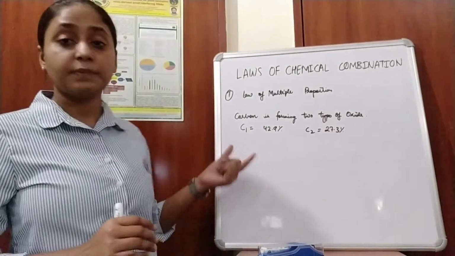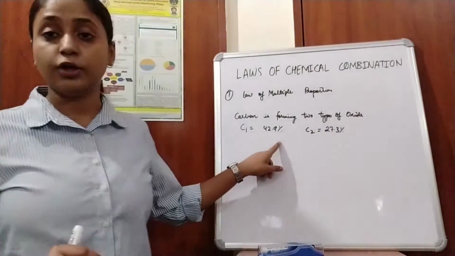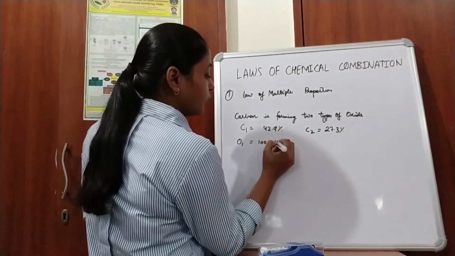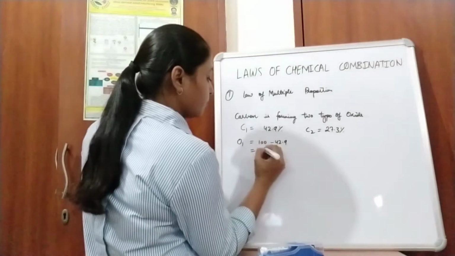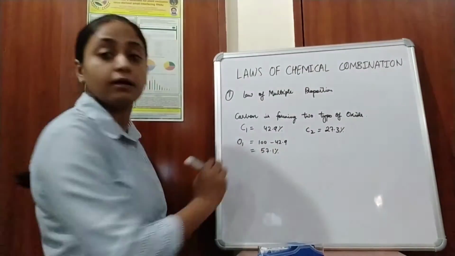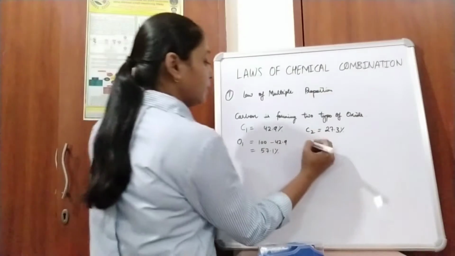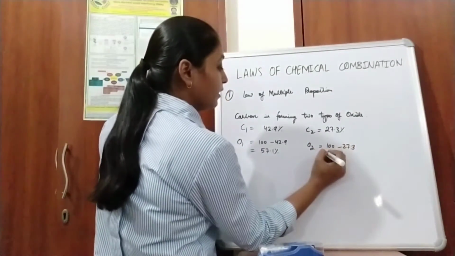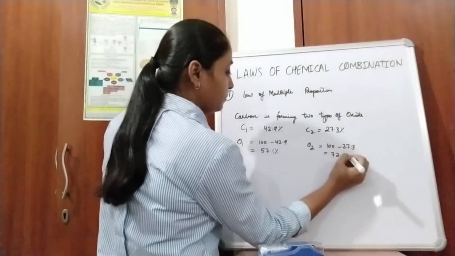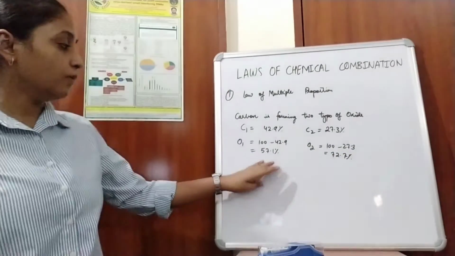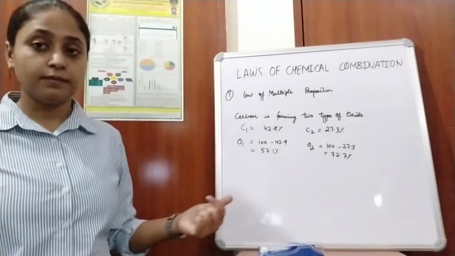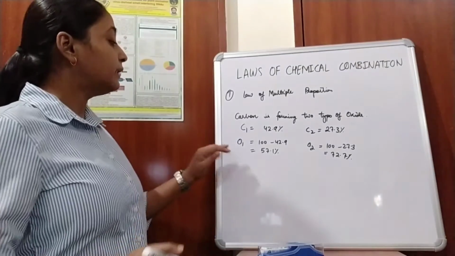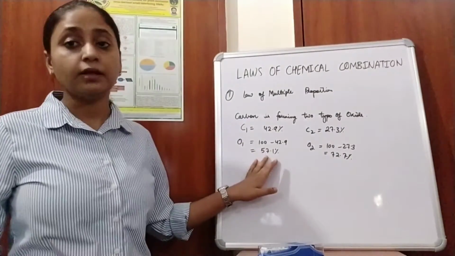So we can calculate the percentage of oxygen. Oxygen in the first will be 100 minus 42.9 equal to 57.1%, right? In the second also similarly, 100 minus 27.3, it will be 72.7%. So here we will calculate the part of carbon that combined with oxygen.